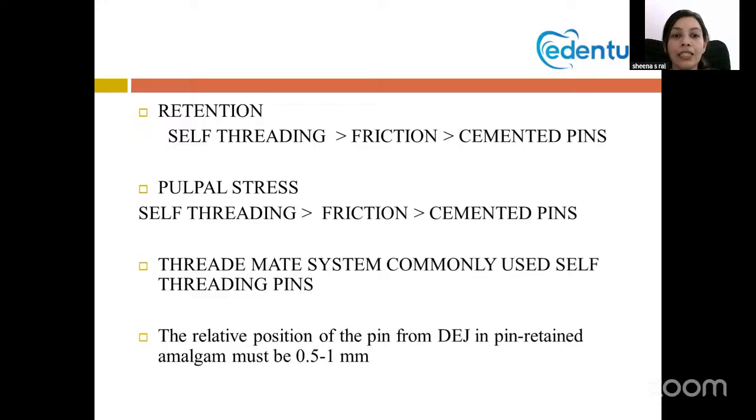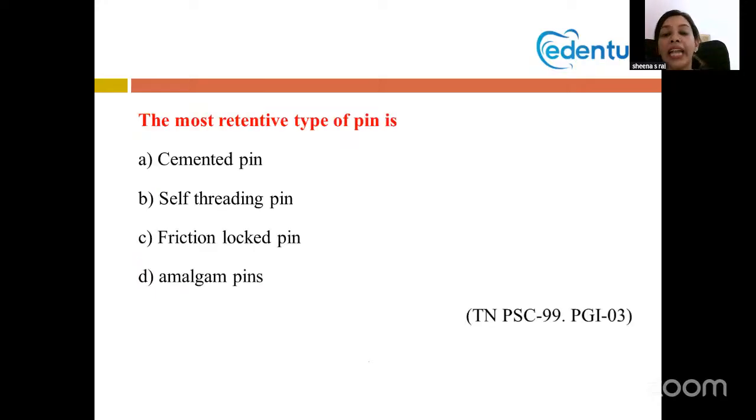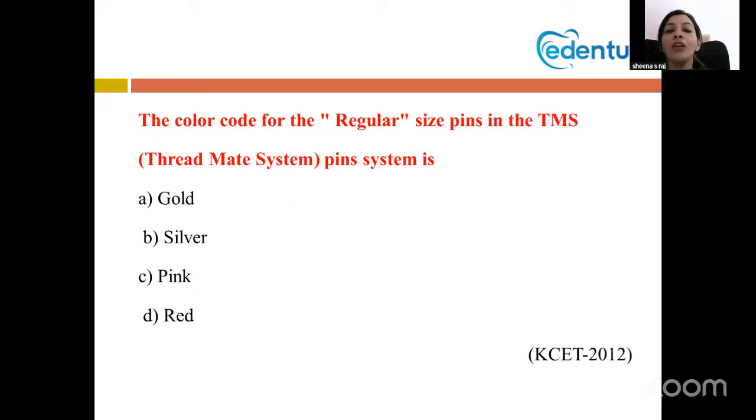Next is the most retentive type of pin, which we have already discussed. The most retentive type of pin is the self-threaded pin, followed by the friction lock pin and also the cemented pin. The color code for the regular size pin in the Threadmate pin system: I told you that among the self-threaded pins, the most common system is the Threadmate system.